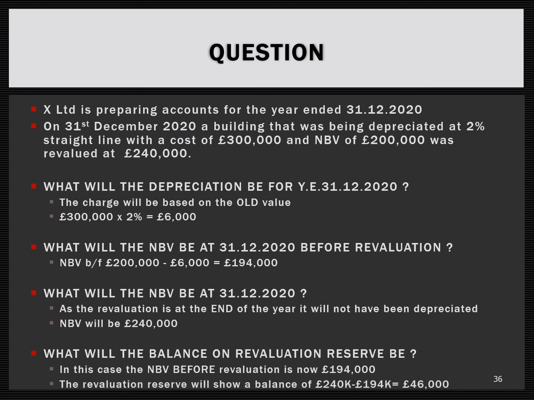So the revaluation reserve will show the difference between that revised net book value and the 240,000. So it won't be 40,000 this time, it will be 46,000 because of the additional 6,000 depreciation charge that was put through. So do watch out for that if you've got a revaluation of an asset that's being depreciated.